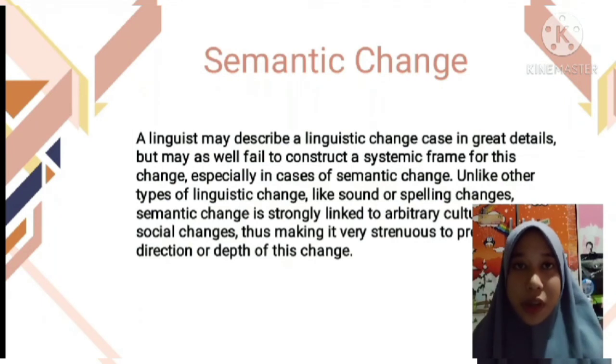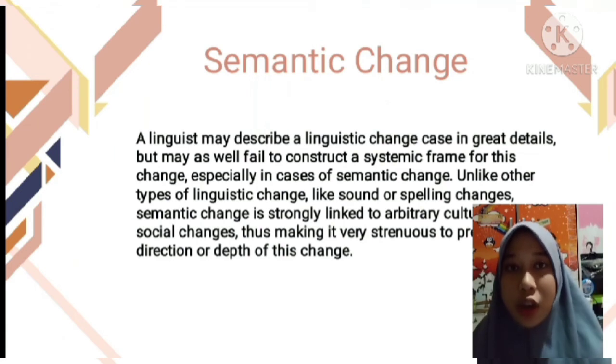A linguist may describe a linguistic change in great detail, but may as well fail to construct a systematic pattern from the change, especially in the case of semantic change. Unlike other types of linguistic change like sound or spelling change, semantic change is directly linked to arbitrary culture and social change.